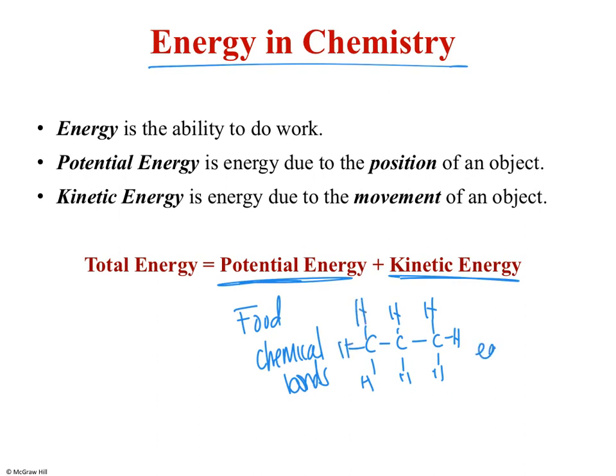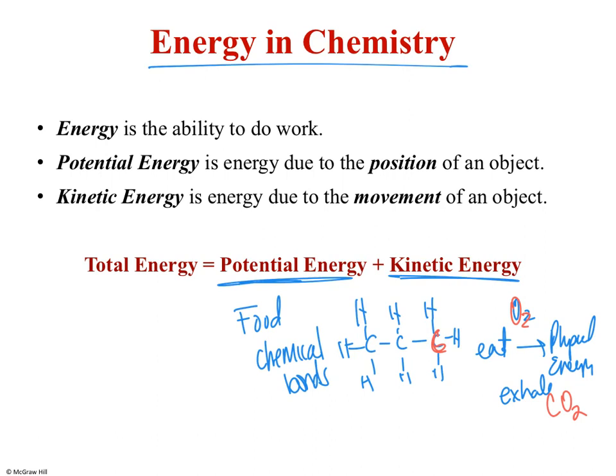And when you eat them and you convert them to physical energy, like to go running or something, and you exhale, you're bringing in oxygen, and you're reacting each one of these carbons with oxygen. So you exhale carbon dioxide.